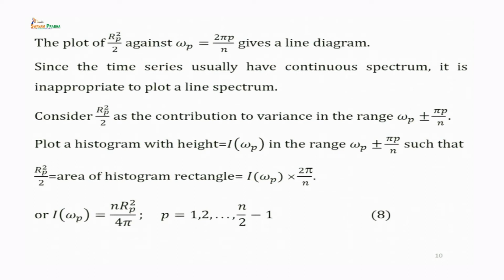Since the time series usually have a continuous spectrum, it is inappropriate to plot a line diagram. So, we assume that the time series has a continuous spectrum, although we have fitted discrete values of omega_p, the actual spectrum is continuous.